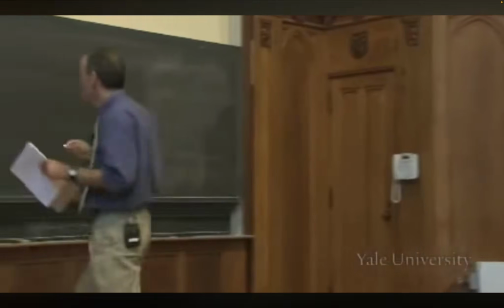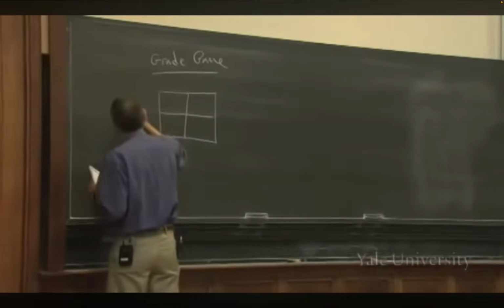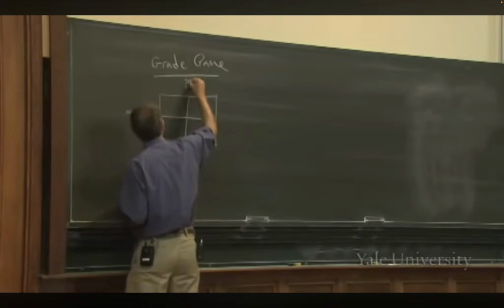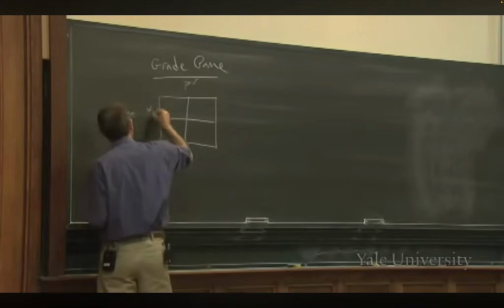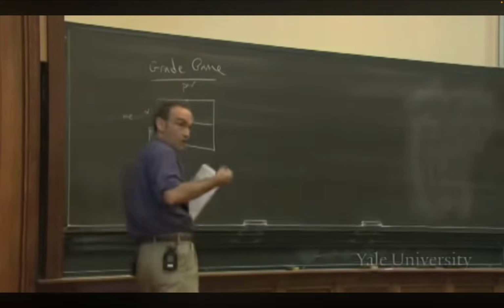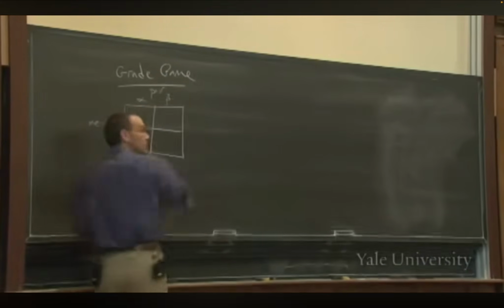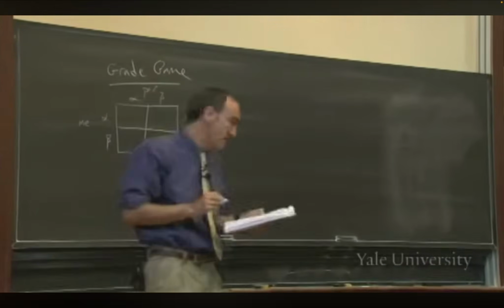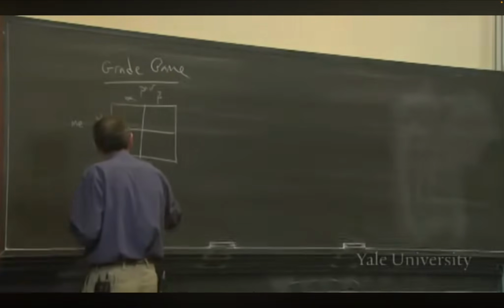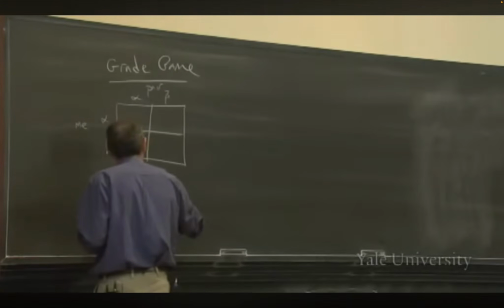Okay? So I'm going to put me here, and my pair, the person I'm randomly paired with here, and alpha and beta, which are the choices I'm going to make here, and in the columns, alpha and beta, the choices my pair is making. And in this table, I'm going to put my grades.